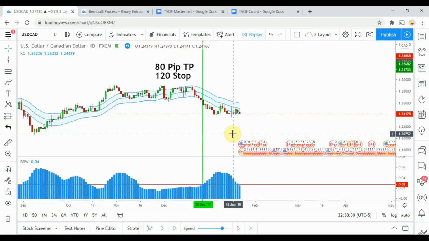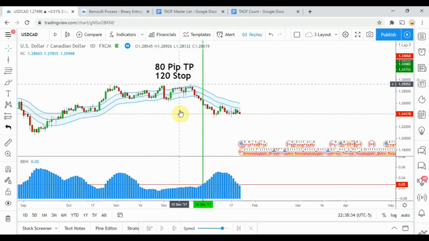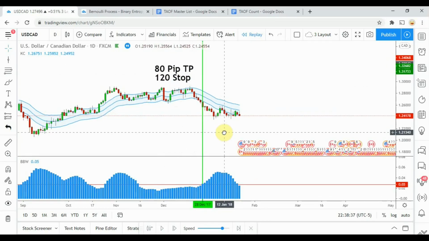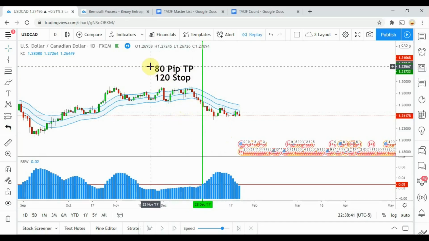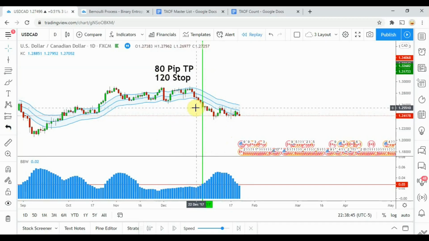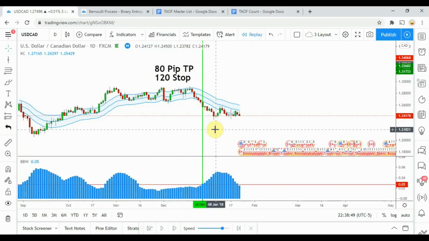We are going to use our 80 pip take profit and our 120 pip stop. When the first 80 pip take profit is reached, we would then move the rest of the trade to break even. So this is how you would actually trade it in real life.